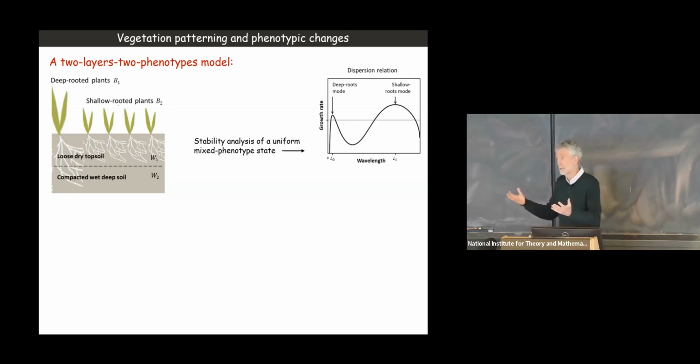And when we look at the eigenvectors, we can associate the short wavelength with deep-rooted plants and the long wavelength with shallow-rooted plants. And the reason why the deep-rooted plants show the small scale is that those roots experience the compact soil layer where the diffusion length is very short.